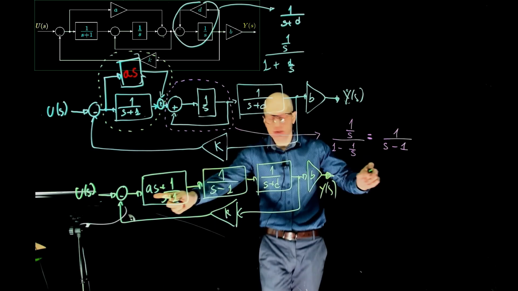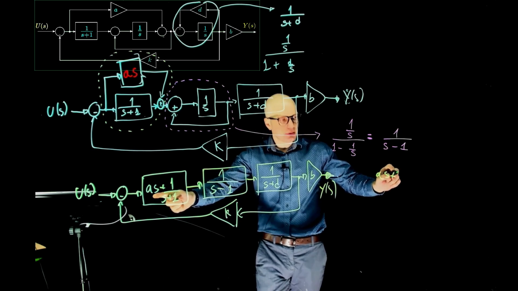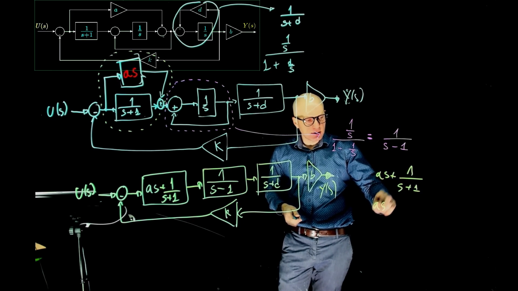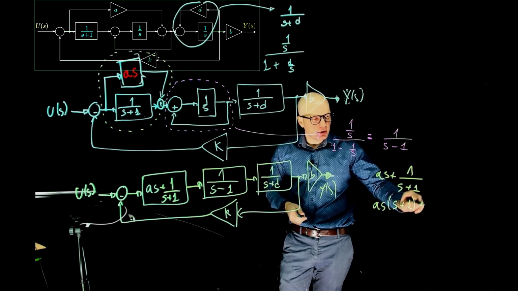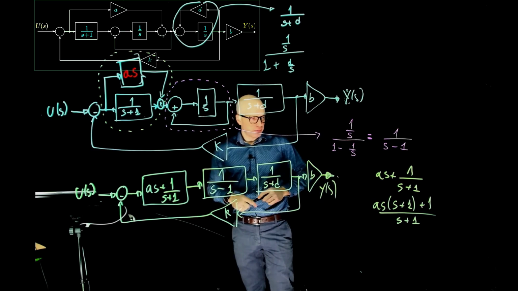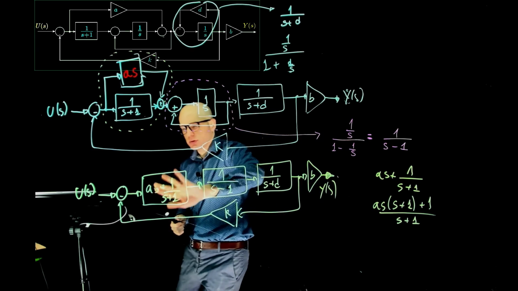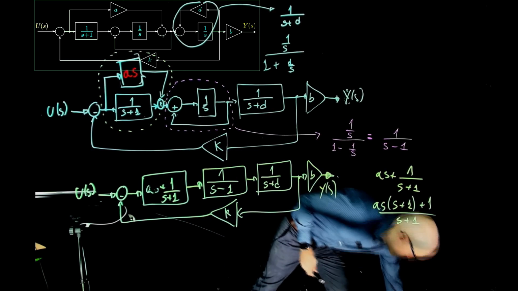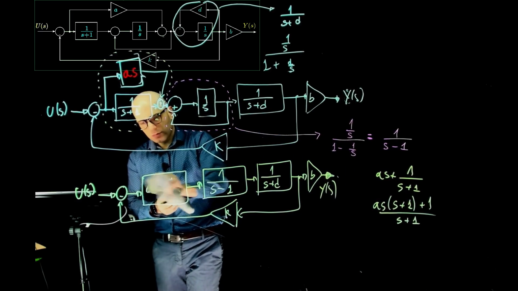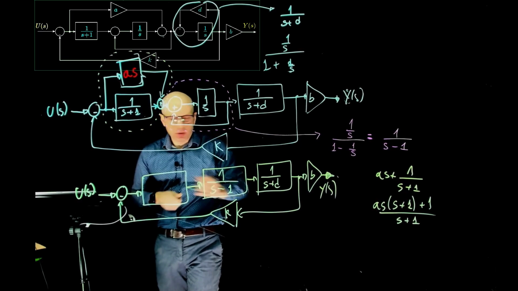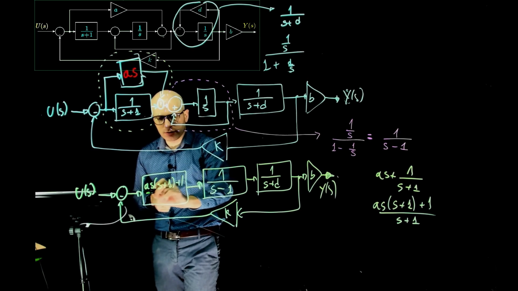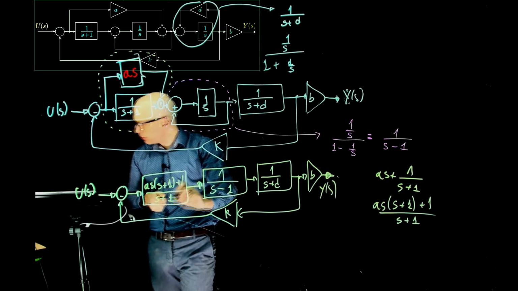So A S plus 1 over s plus 1 is the same as A S times s plus 1 divided by s plus 1. So this can change to that, and just to make our life easier, A S times s plus 1 divided by s plus 1.